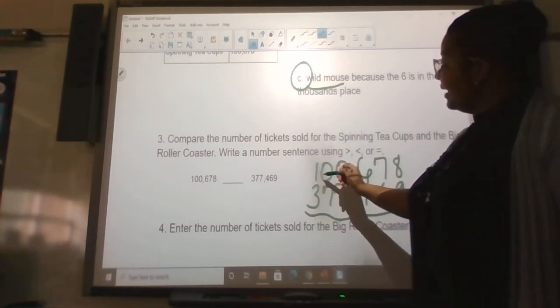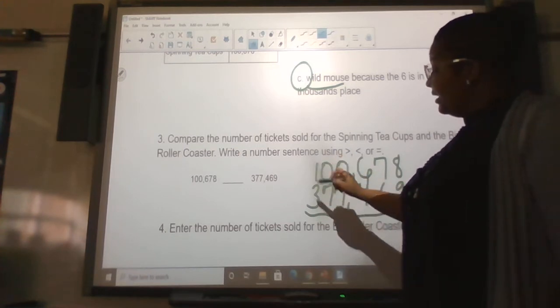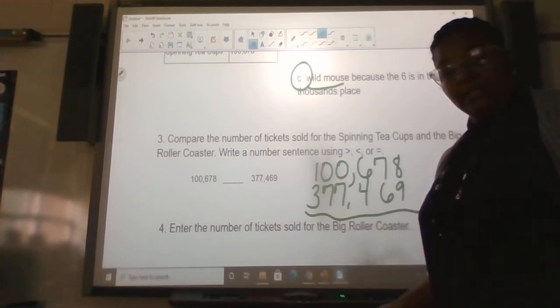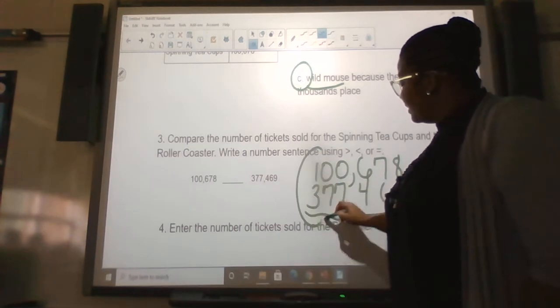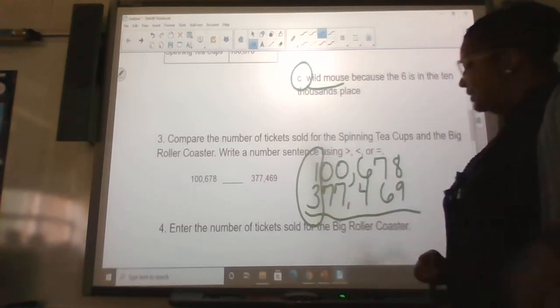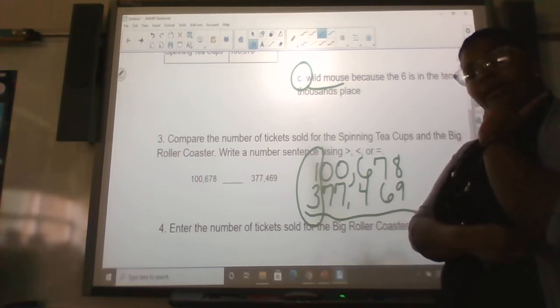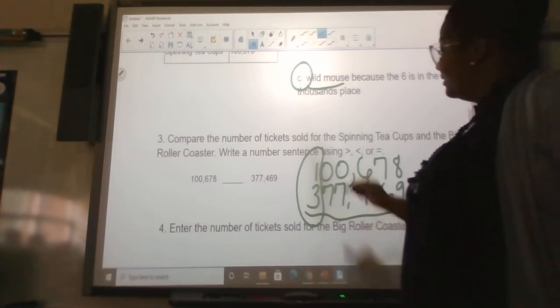I'm going to look in the hundred thousands place, and I know that 1 and 3 are different. So because they are different, boys and girls, they can help me. I'm going to circle these and ask myself, is 1 greater than, less than, or equal to 3? Correct. It is less than.